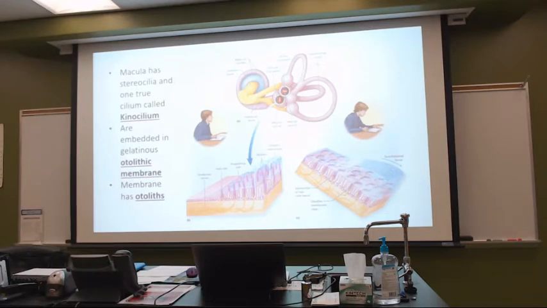Rocks will go up, they will come down. Horizontal, side to side. And as they move, they get to push on the cilia. And the cilia create the action potential about that movement of either being vertical or horizontal. Does that make sense?